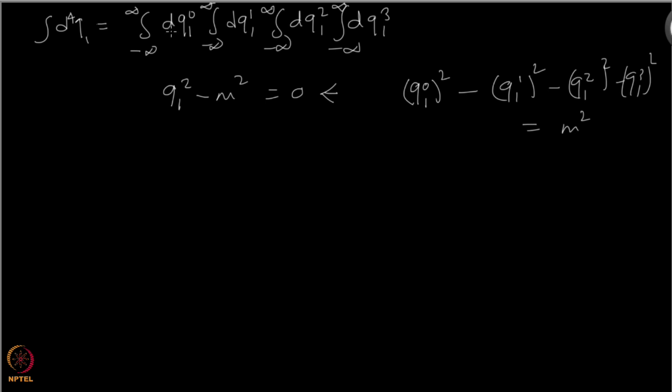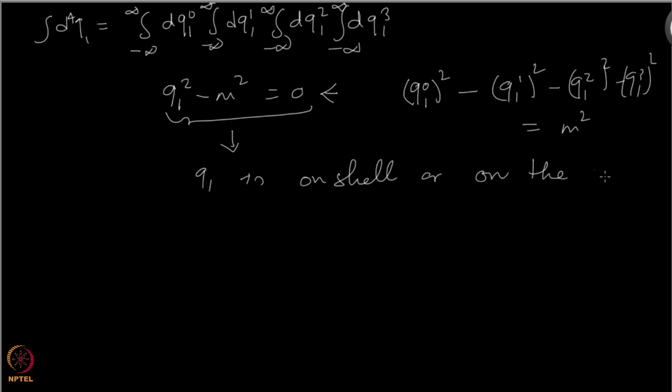So, there will be many configurations of these momenta for which this will not be satisfied. And there will of course be some configurations for which this will be satisfied, because they take all possible values. Now, when this is true, we say that q1 is on shell, or on the mass shell. This is called the mass shell condition.